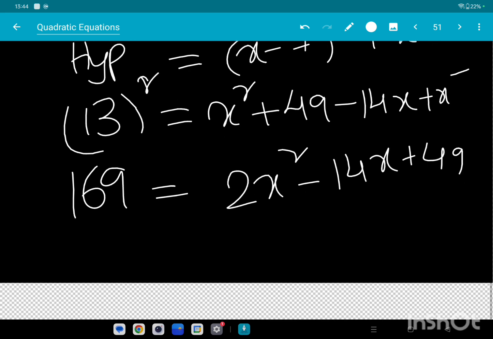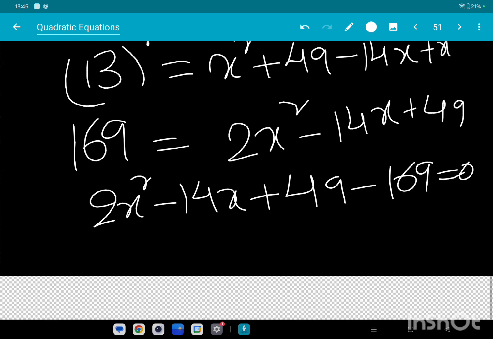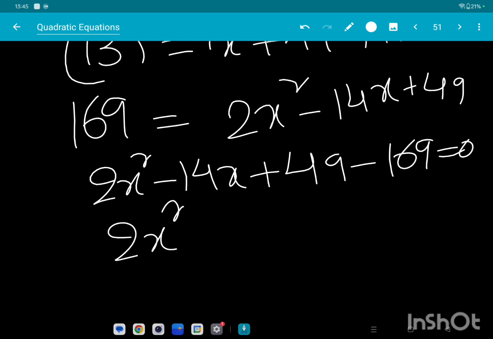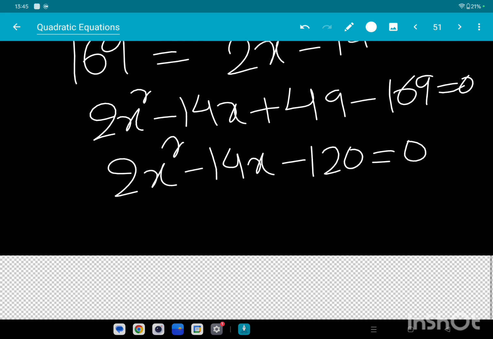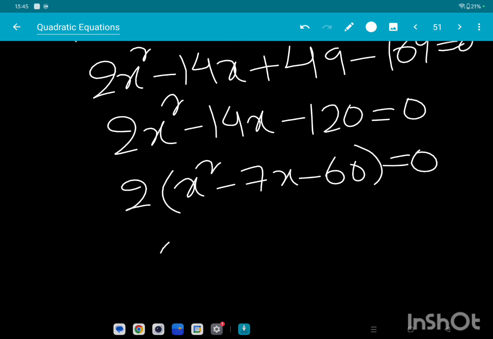If we solve this, 169 comes to this side and it becomes minus 169 equal to 0. 2x square minus 14x minus 120 is equal to 0. If I take 2 as common, then x square minus 7x minus 60 is equal to 0. Finally we got x square minus 7x minus 60 equal to 0.